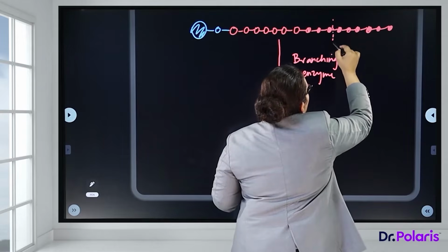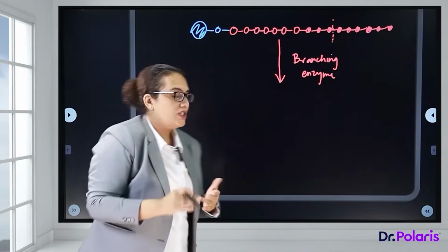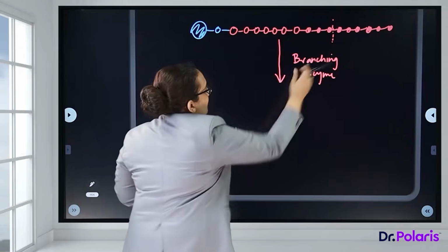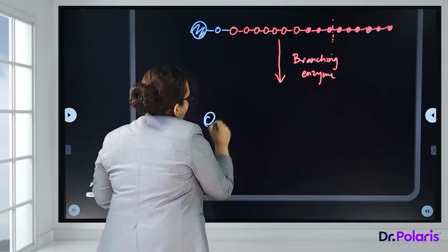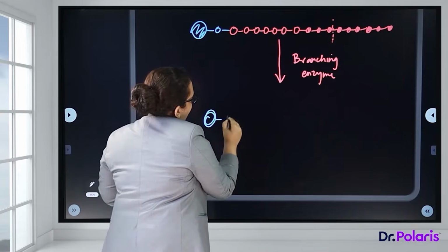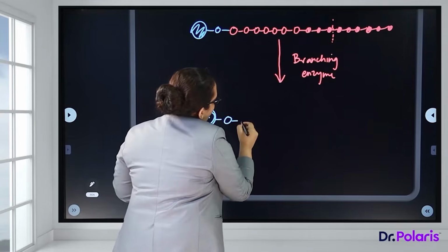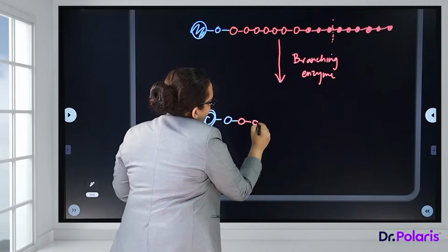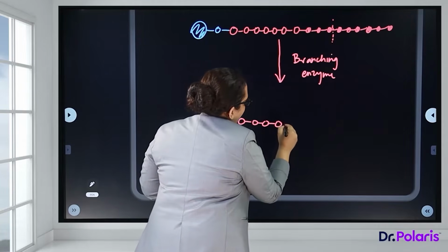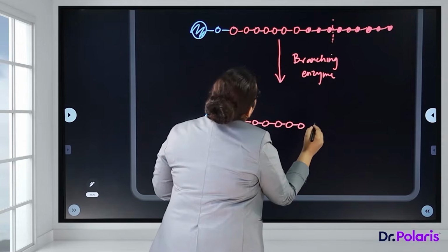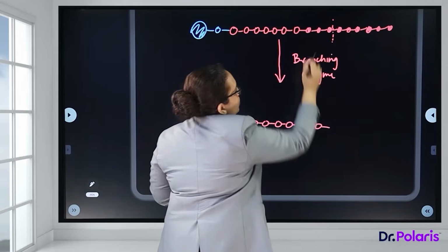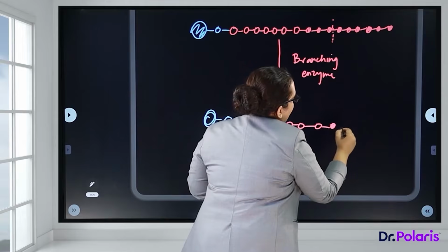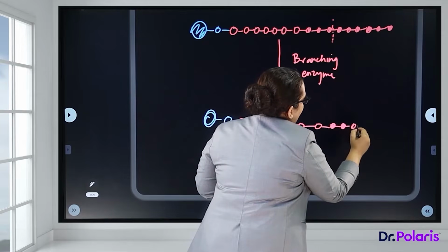So till here there will be a break, there will be a cut in the structure, linear structure, so that portion will be shifted to a branch point. So you'll get something like this. This is glycogenin, and then you have the primer. And then you have 3 of those new glucose units which was added by glycogen synthase.